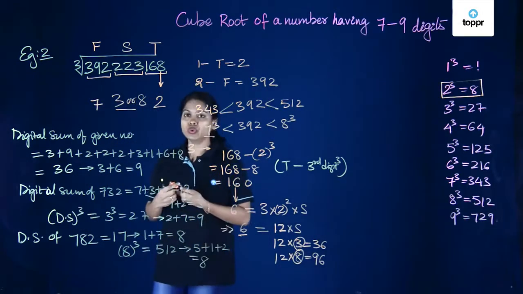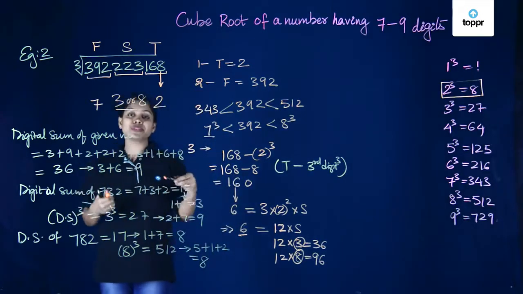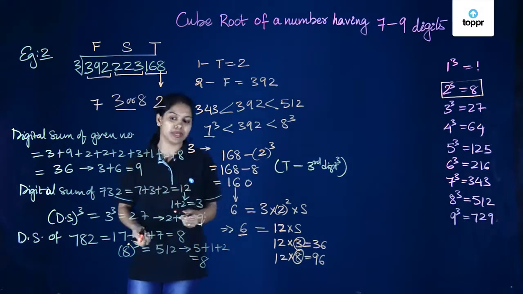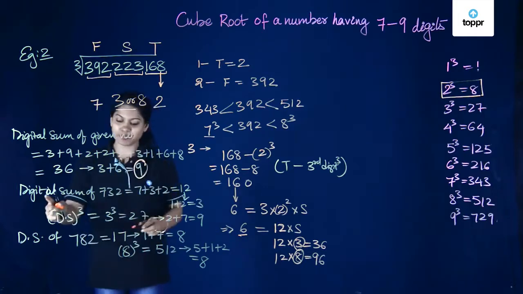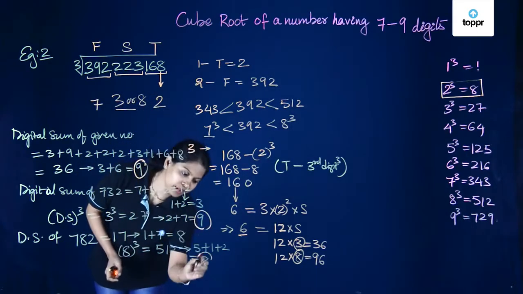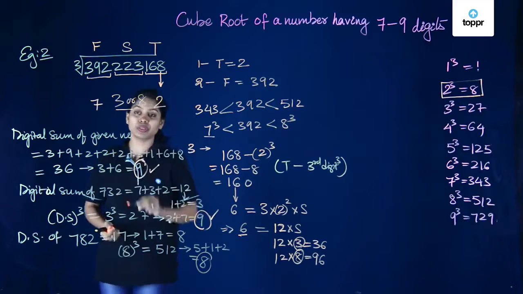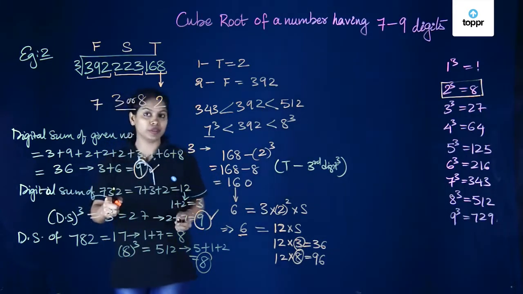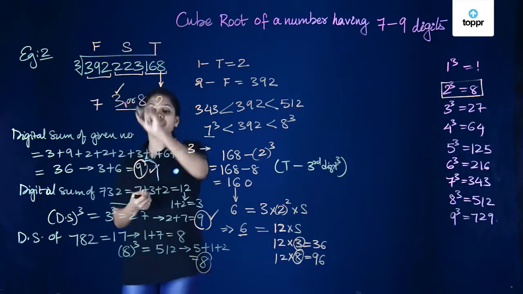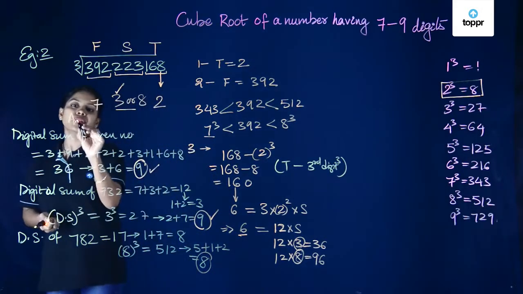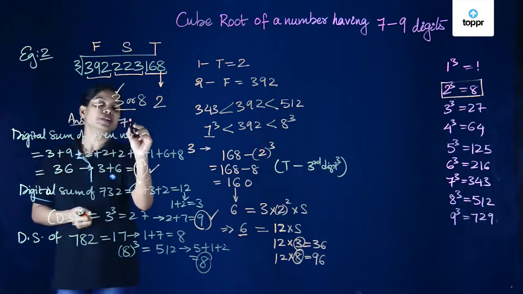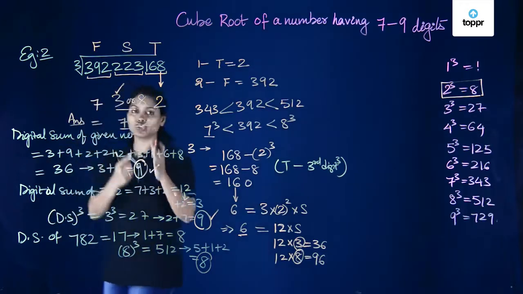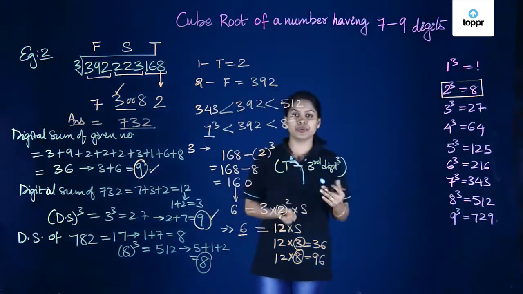Now all we need to do is check the digital sums and pick the number where the digital sum matches. So we have to pick between 9 and 8. Obviously 9 matches with the 9 here, from the digital sum of 732. Thus we choose 3. So the answer here is 732. We know 3 for sure because the digital sum matches.